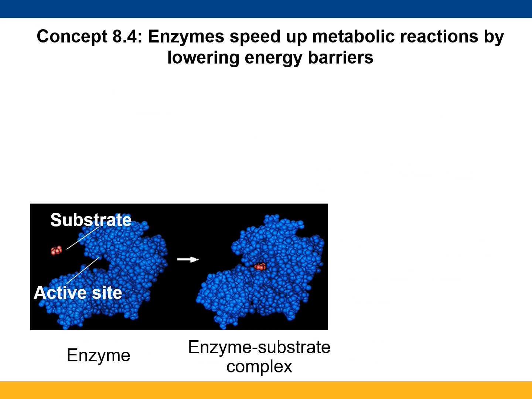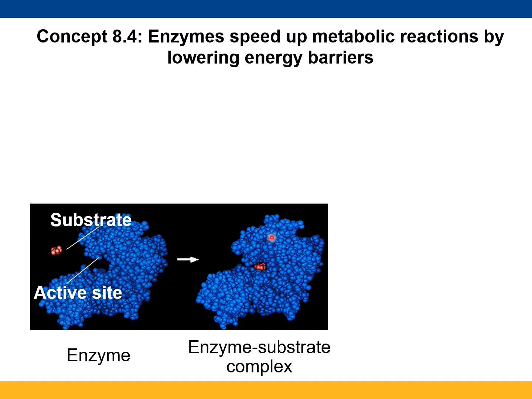So now I'm going to explain in more detail what happens when the substrate interacts with the active site. In this figure you see an enzyme, and when the substrate goes inside the active site you have an enzyme-substrate complex. This produces a conformational change in the protein that allows the enzyme to interact better with the substrate and allows the reaction to occur in an easier way.